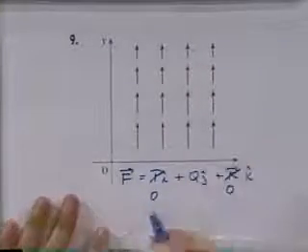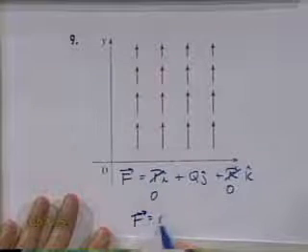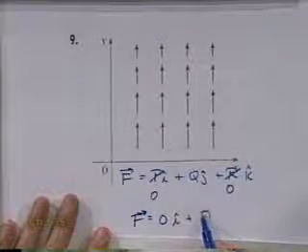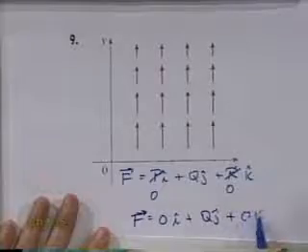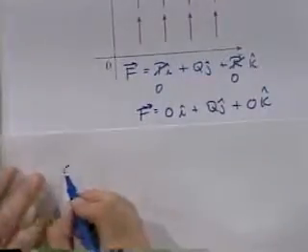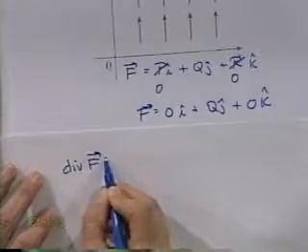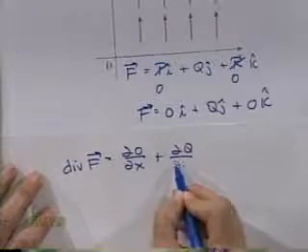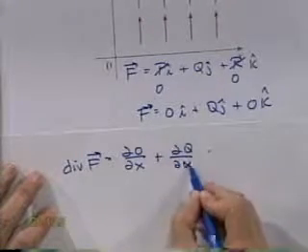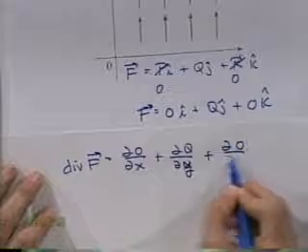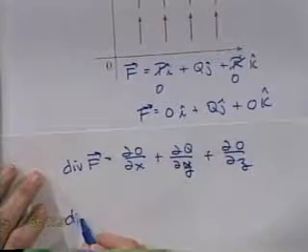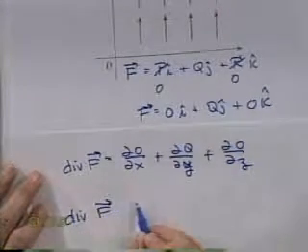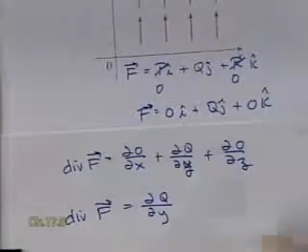So this vector function is just f equals 0i plus qj plus 0k. So the divergence of this function is the partial of 0 with respect to x plus the partial of q with respect to y, plus the partial of 0 with respect to z. So my divergence is just partial of q with respect to y.